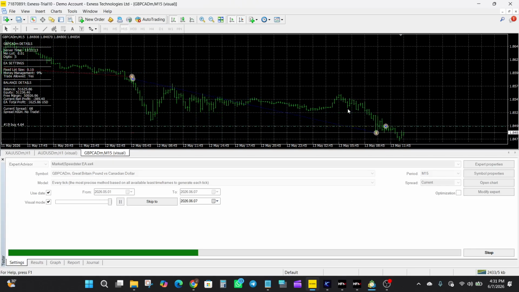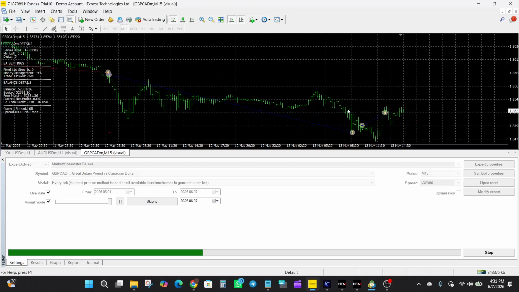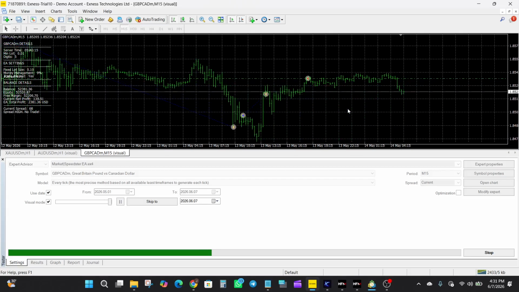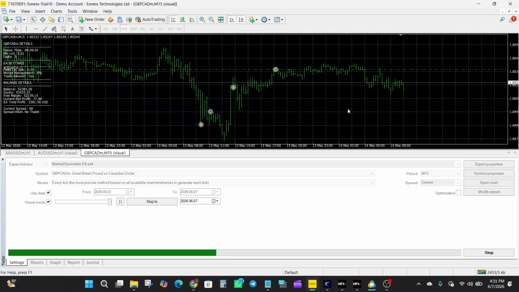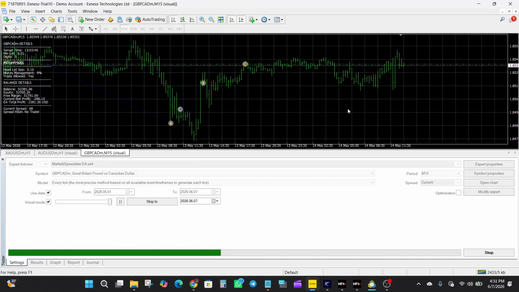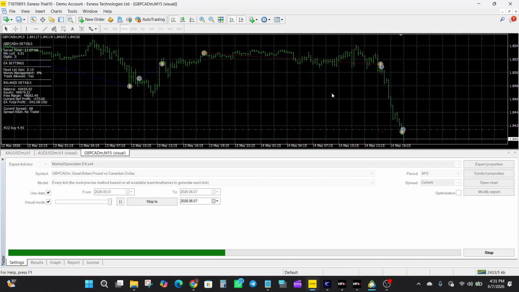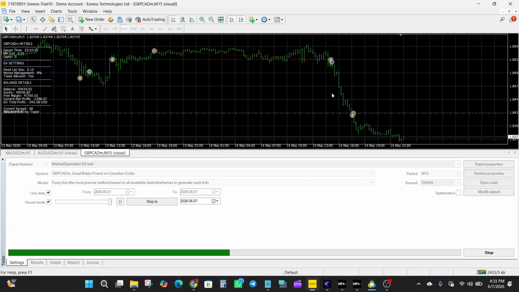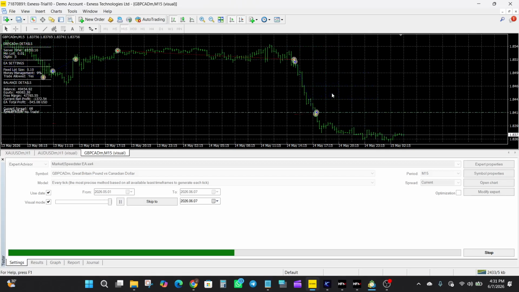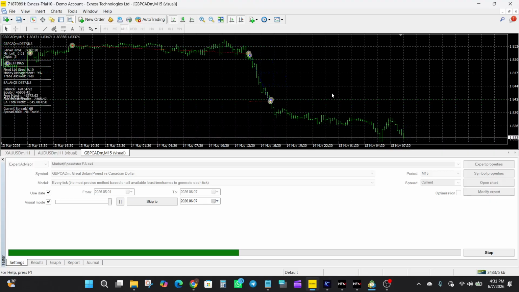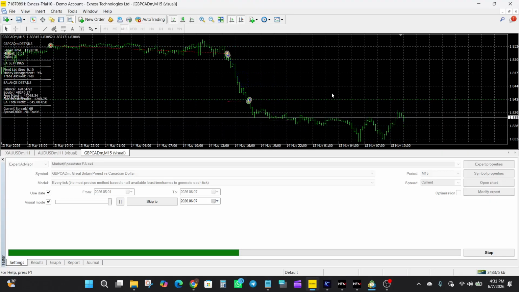It is designed to be simple to run with default settings, especially on GBPCAD M15, while still offering flexibility through money management options. As always, I would recommend running longer term testing yourself as well so you can get a more complete understanding of how the EA performs across different market conditions before considering any live application.